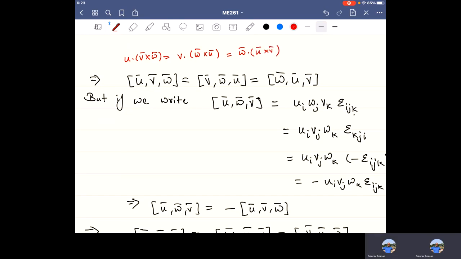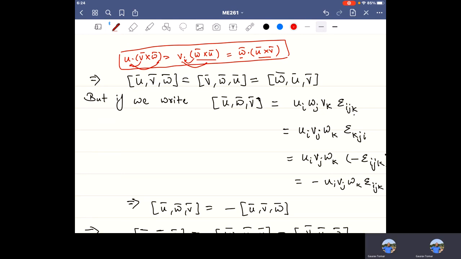You can think of it again as cyclic. If we push it back and push this one here, we get v dot w cross u, and then again we push it back and push this one here, we get w dot u cross v. So all these things have identical value.